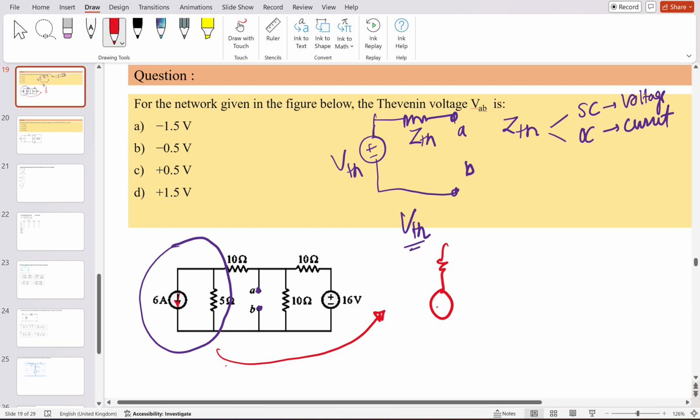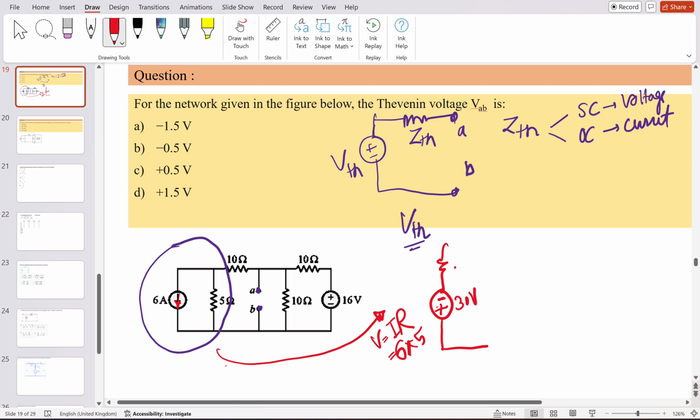Where the pointer is, meaning the direction it is moving, consider it as positive. Opposite side consider it as negative. So V is equal to simply I times R. What is the value of I? I is 6 here and R is 5. So it will come out to be 30 volt.